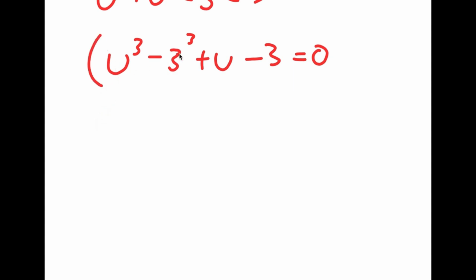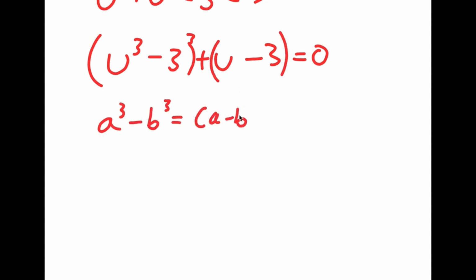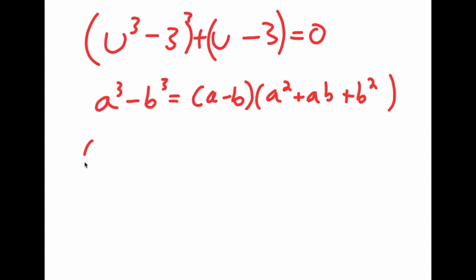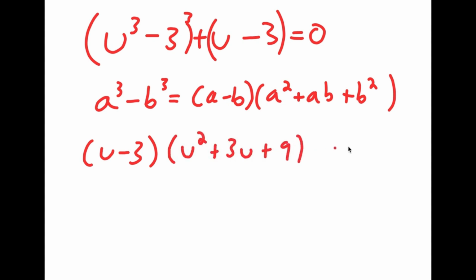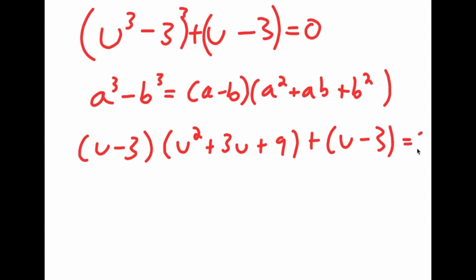So now, if I have something in the form a to the power of 3 minus b to the power of 3, this is equal to a minus b times a squared plus ab plus b squared. So in this case, this turns into u minus 3 times u squared plus 3u plus 9, plus u minus 3, which is equal to 0.